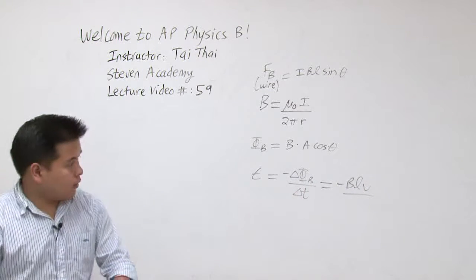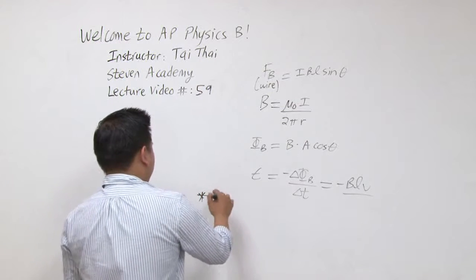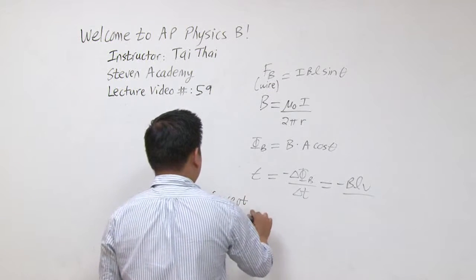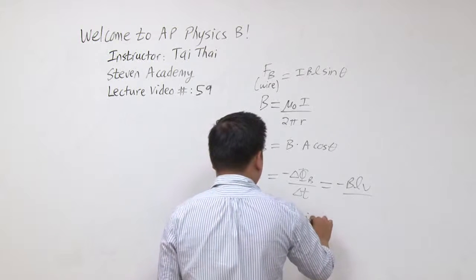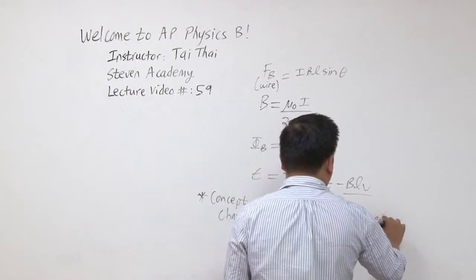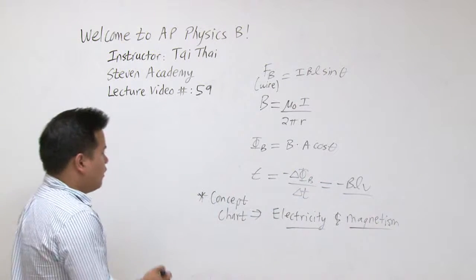Okay, so for homework, I would like you guys to make for me a concept chart, where you do electricity and magnetism. See all the things I showed you just right now? I want you guys to try to find a way to connect electricity and magnetism together. Remember the flow chart?